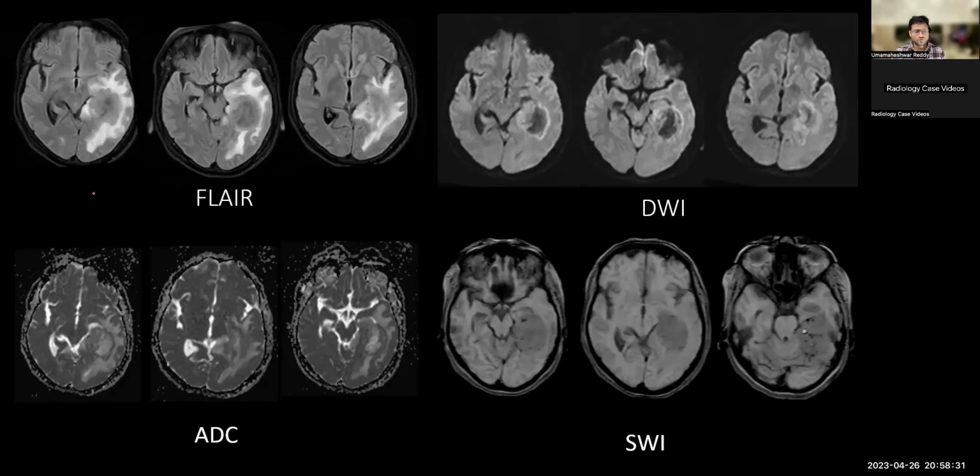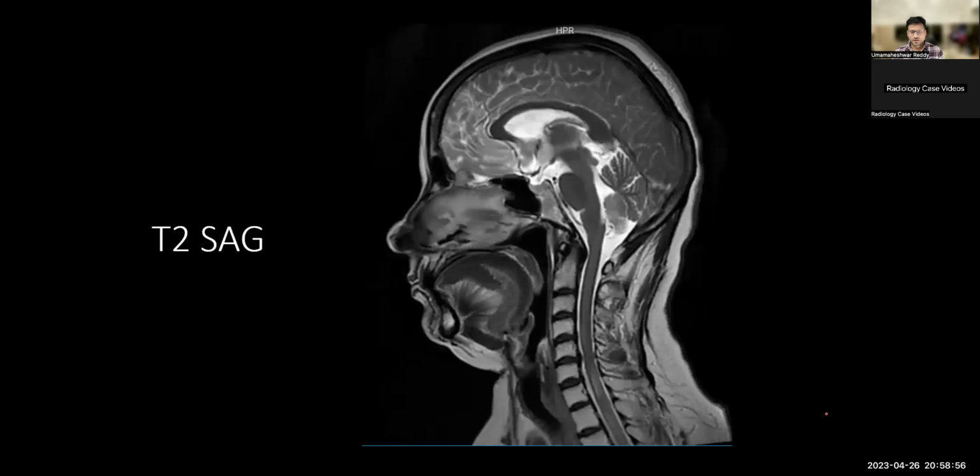This is the FLAIR image. Please write down your findings. This is the diffusion image. Please write down your findings. Corresponding ADC. SWI images. T2 sagittal image.